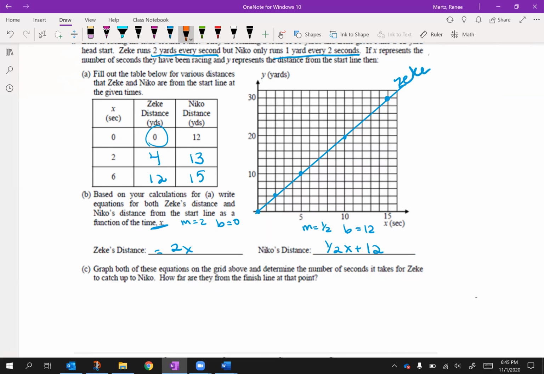Pick a different color to do Nico. So he's starting at 12. He goes up. So at 2 seconds, he'll be at 13. So 4 seconds, he'll be at 14.